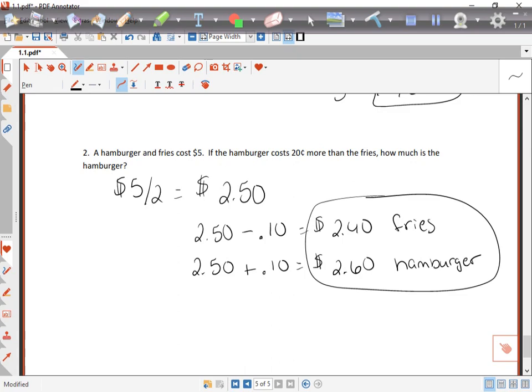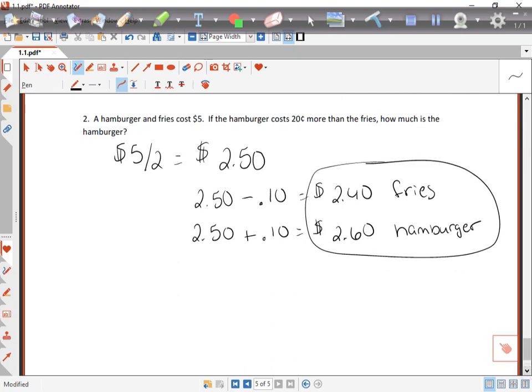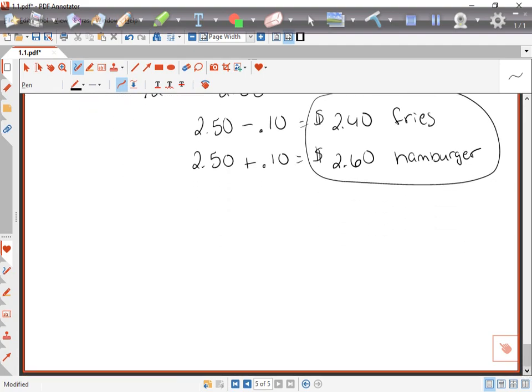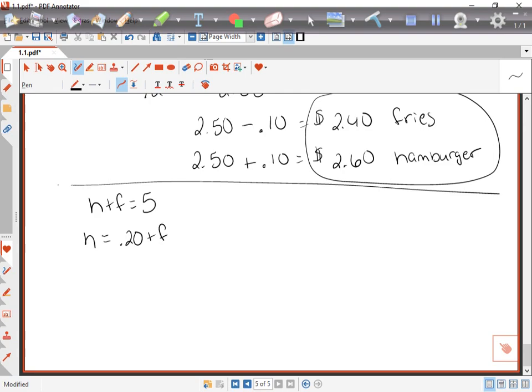Another way we could have done this problem is you can set up something called a system of equations, so I'm going to show you that. We know hamburger plus fries is $5. And then we're told the hamburger is 20 cents more than fries, so H equals F plus 20 cents. Then we can use what's called substitution. We plug that in for H, and we still have plus F equals 5.